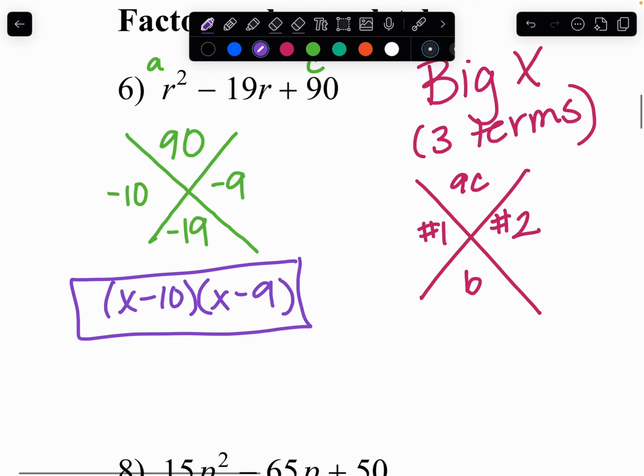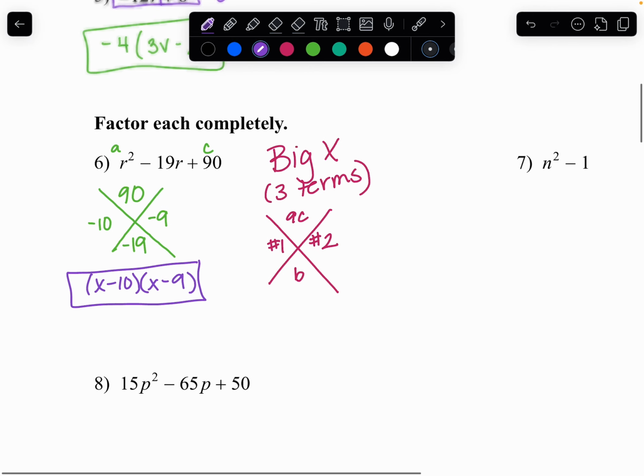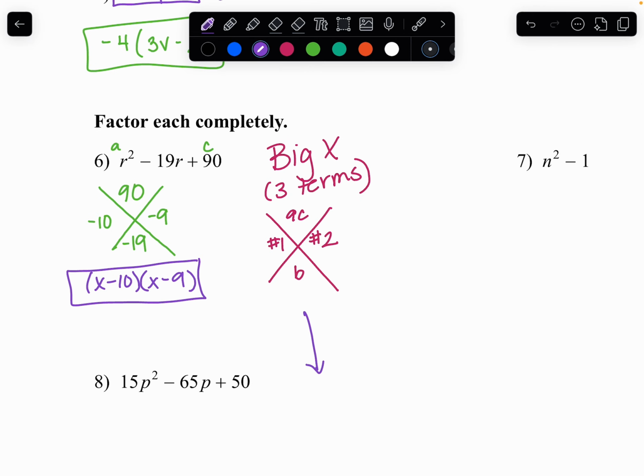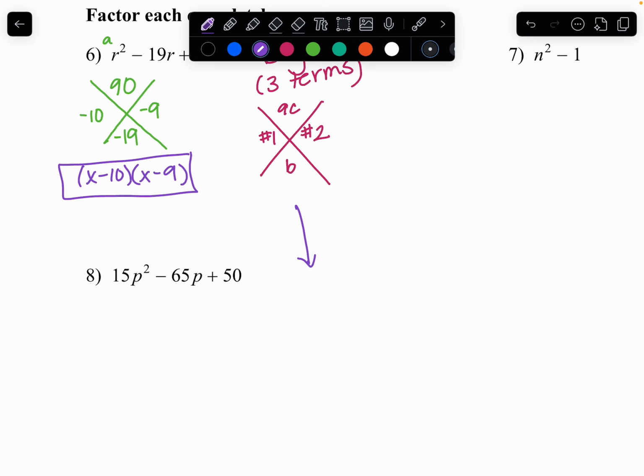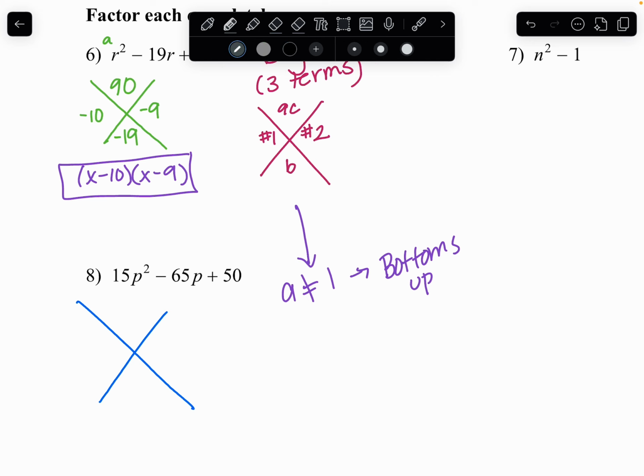I'm actually going to do number 8 real quick because it goes in. This is also the big X method, but since A is not 1, it's your bottoms up method. So we're still going to do that big X. Before that though, ask myself, is there a GCF?